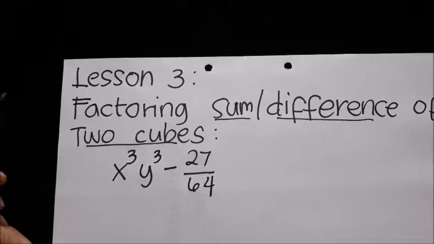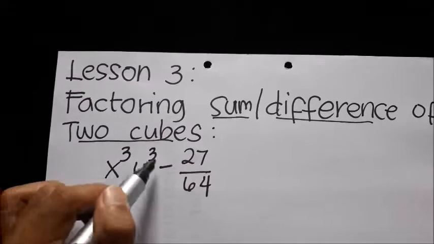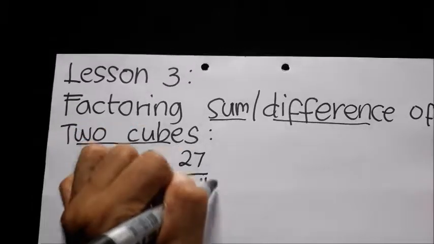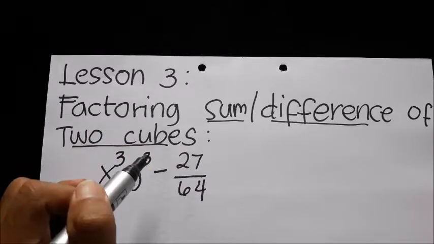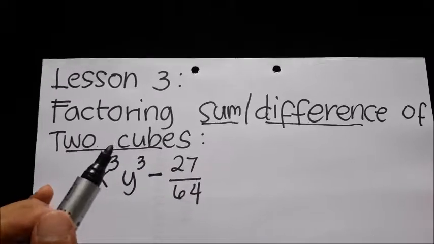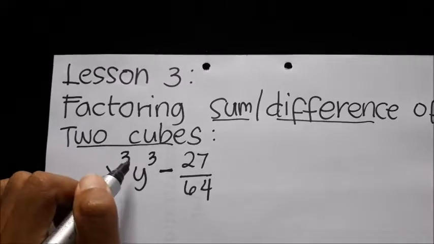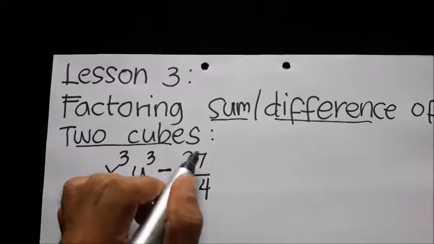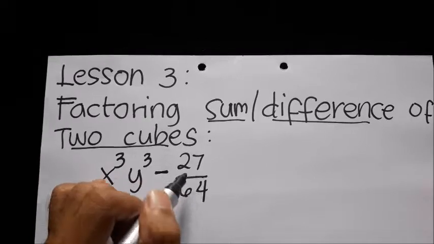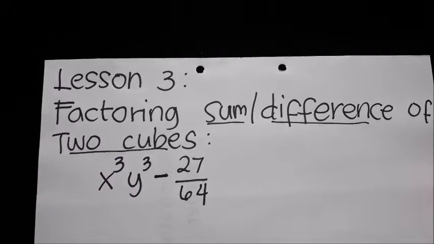Kailangan mapa-factor out lang natin ang binomial na ganito kung ang first term is a perfect cube, then yung second term is also a perfect cube. And then, ang middle operation nila, pwedeng addition, pwede ring subtraction. Okay, so in this case, x cubed y cubed, this is a perfect cube. 27 over 64 is a perfect cube also. Then the middle sign is difference, so that can be factored out.